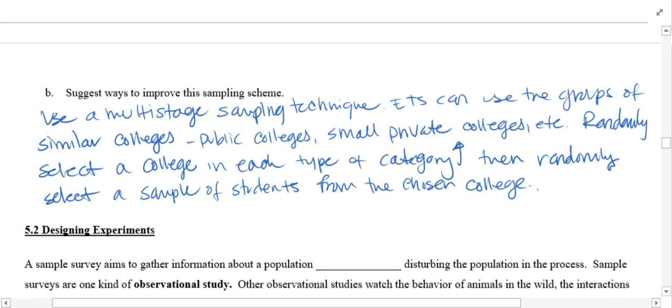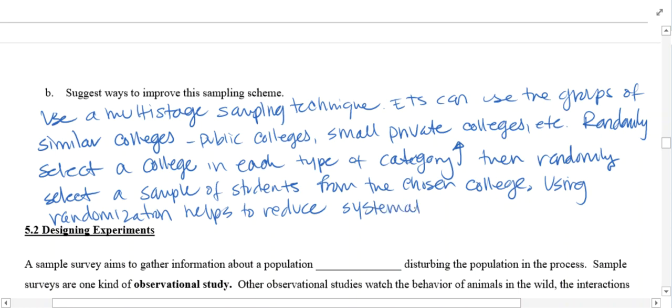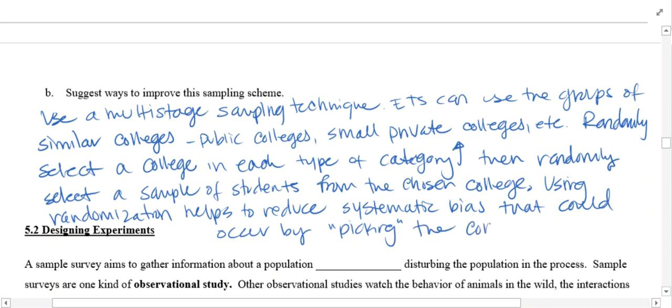Okay, and why would we want to do that? Why do we use randomization? It helps to reduce systematic bias. Okay, so using randomization helps to reduce systematic bias that could occur by picking the college and the students.